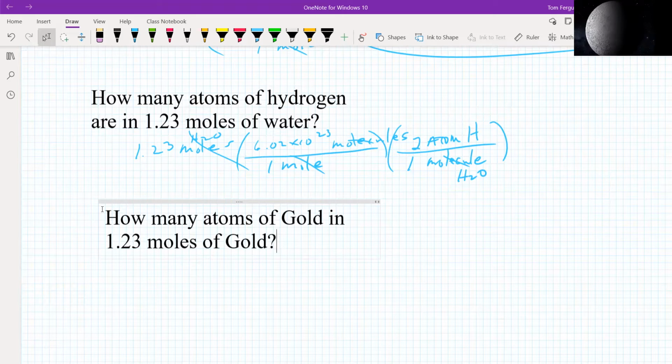Gold is just Au. So it's 1 atom. 1 atom. So the ratio is 1 atom to 1 atom. So we would say 1.23.